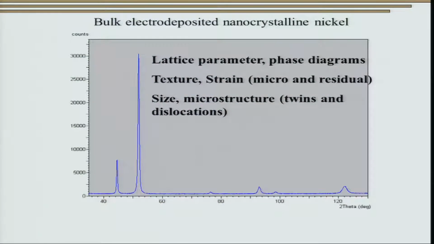So, this nickel which I was showing in the last few slides essentially is a bulk electrodeposited nanocrystalline nickel. We see quite a few important things in the diffractogram. The first and foremost important thing that we see is that the peaks are replaced. The strong peaks that we saw in the earlier stick pattern are replaced with broadened peaks.